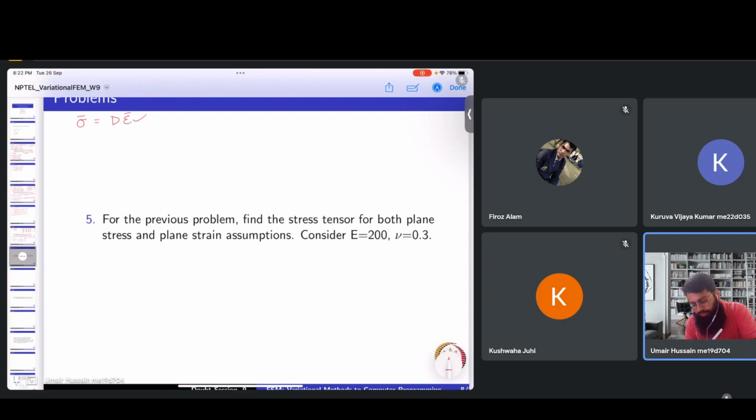So we know this, and we need to find D and then epsilon, sorry, sigma bar. So first we consider plane stress. So for plane stress, what is the formula for D? Anyone?